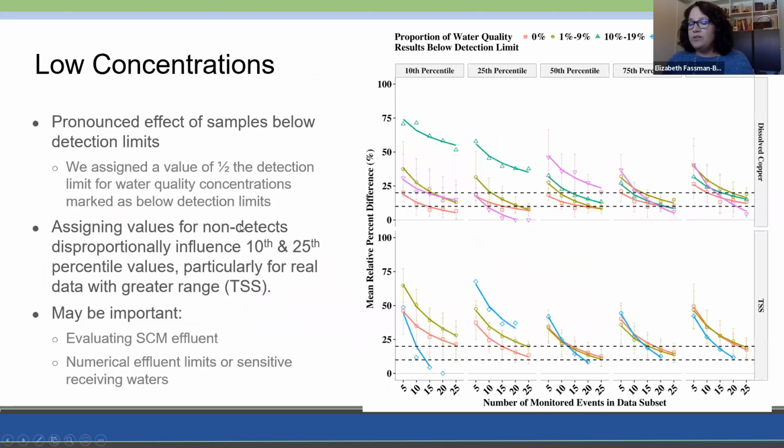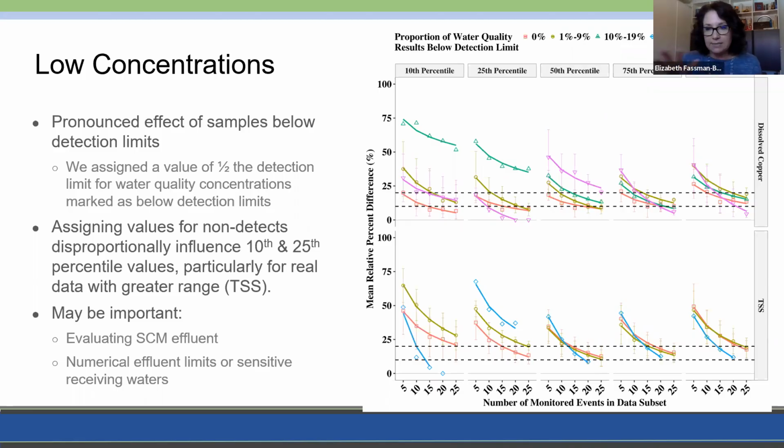We do have a significant impact of low concentrations on the analysis, or the proportion of samples that are very low concentrations, very specifically concentrations below the analytical detection limit. How to report data below detection limits is kind of all over the place.